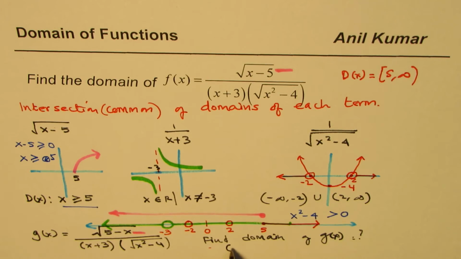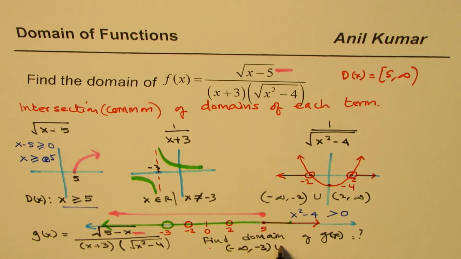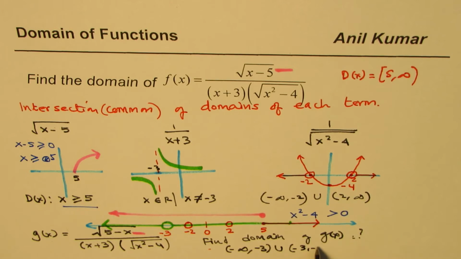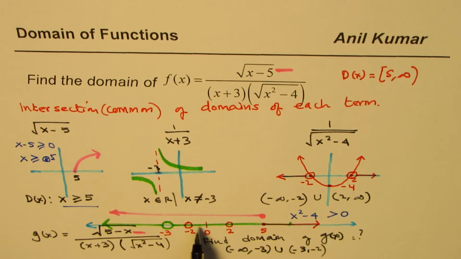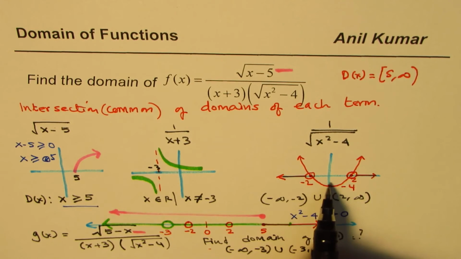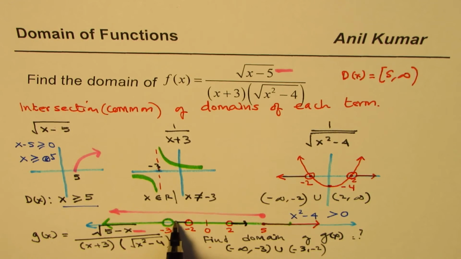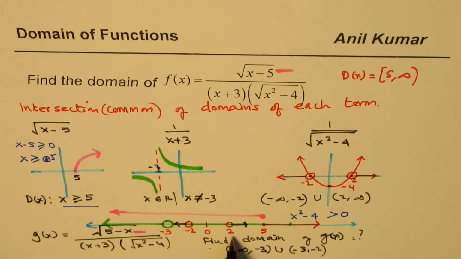So it is from minus infinity to minus 3, union, from minus 3 to minus 2, and then nothing in between because this is not allowed, right? So this one actually is this side. Is it okay? Nothing in between, but from 2 to 5, right?